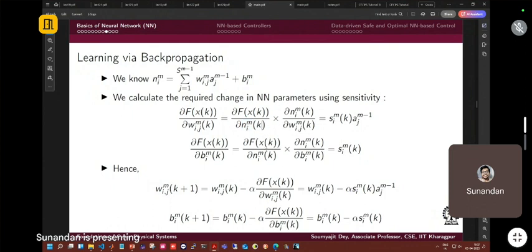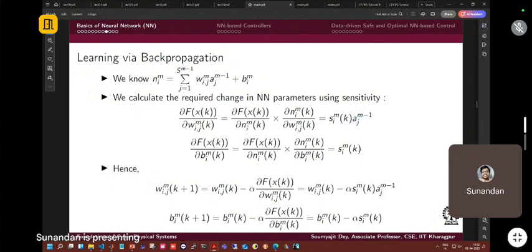Basically we are following the chain rule of derivative, and after this we find that this is how it looks. This is the sensitivity as we defined earlier, and this is what we get if we take the derivative of this, because this is the value of n we know.